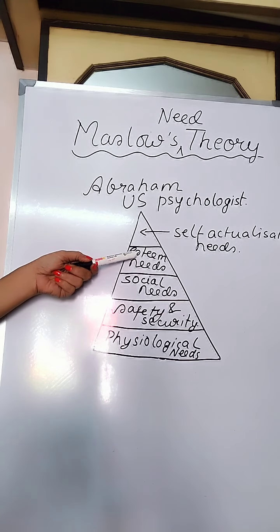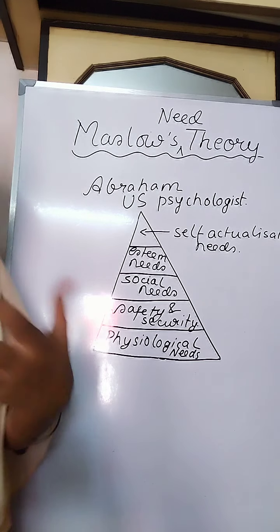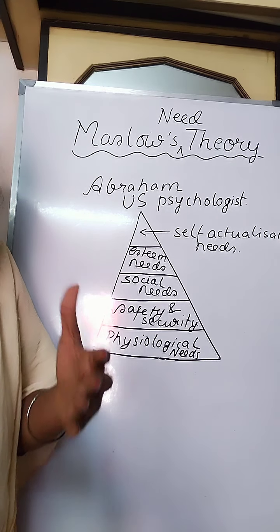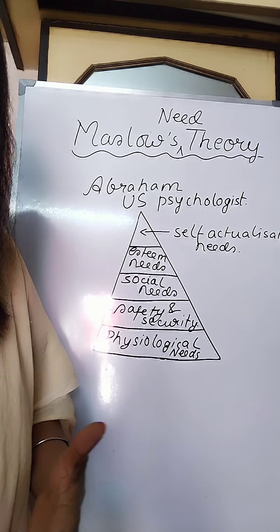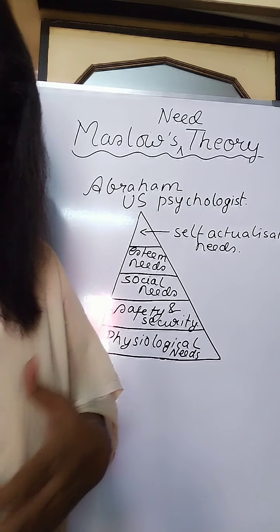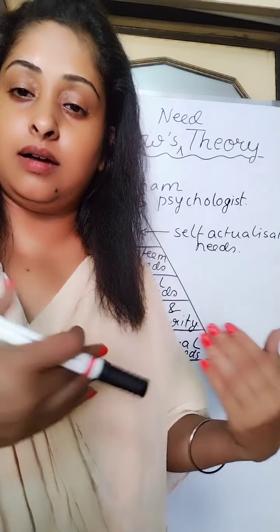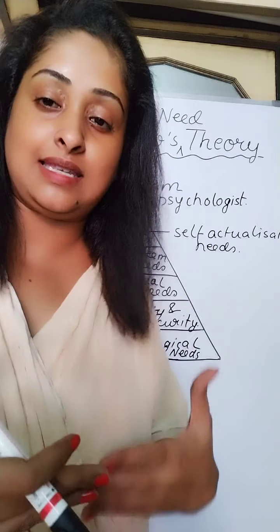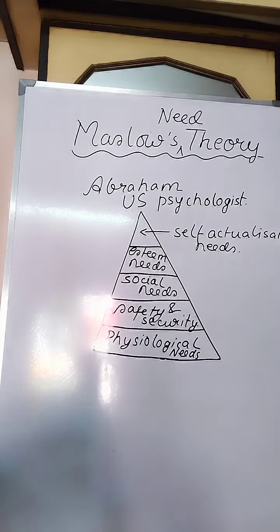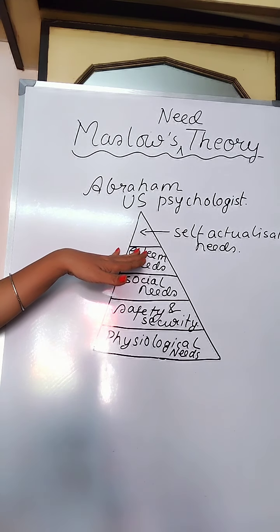Now come the esteem needs. Esteem needs are related to something more than money. That is awareness of self-importance, which is related to self-respect, recognition, ego satisfaction, status, power, control, prestige. All these are included in the esteem needs, and this need arises once the social needs get fulfilled. Finally, at the top, come the self-actualization needs. These needs are related to self-fulfillment.